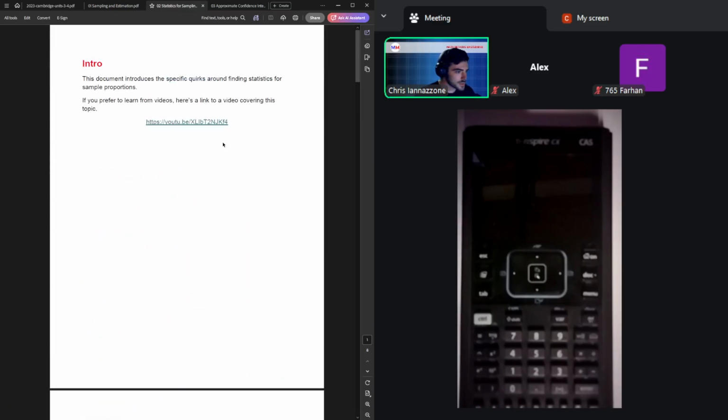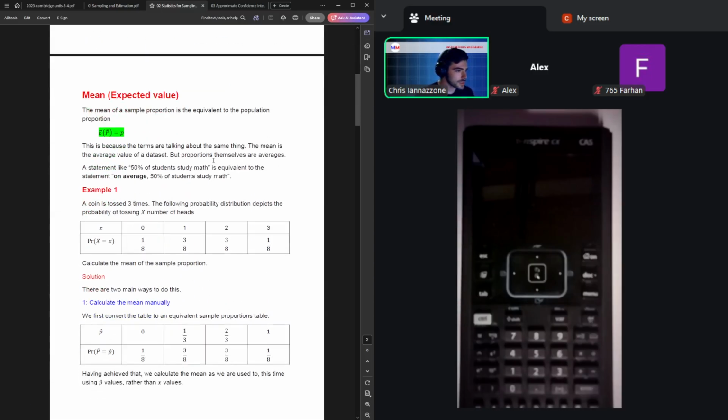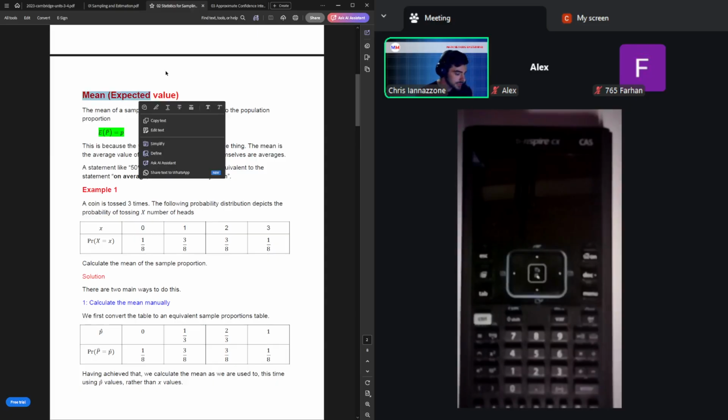Next up, some statistics. The statistics are going to look similar to that of binomial. They're not going to be exactly the same, and they can look a little bit weird. For instance, when it comes to calculating the mean, or the expected value, for sampling and estimation, it ends up just equaling p.